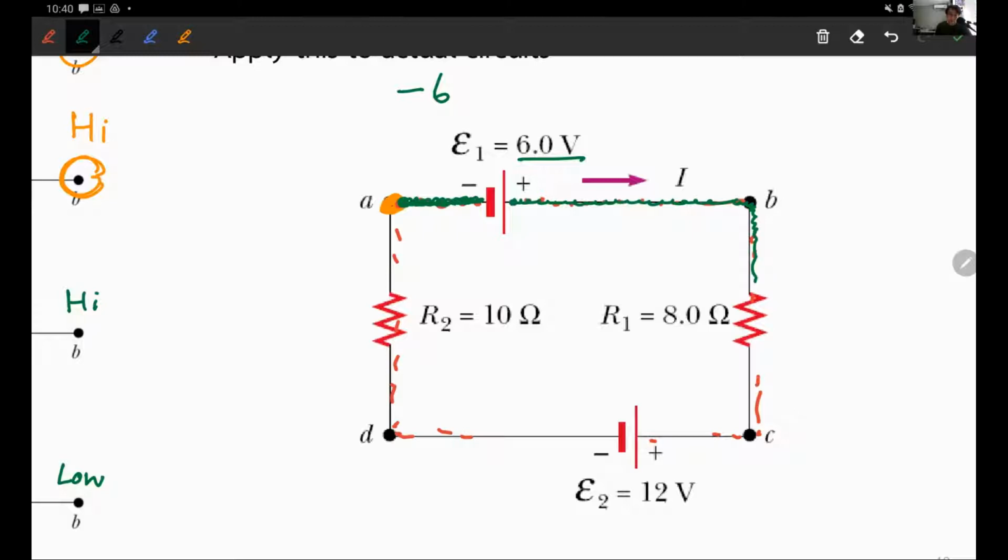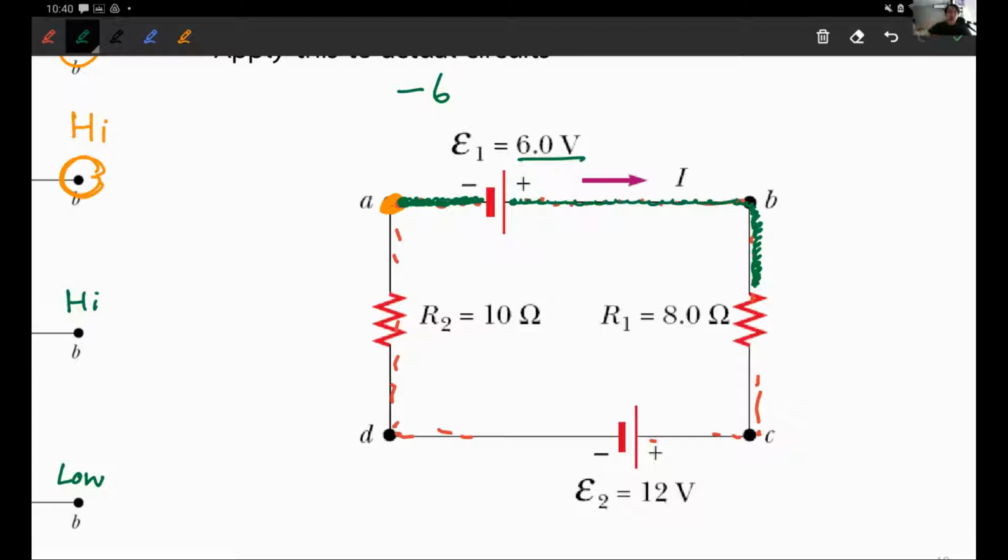In this case, the current is set to flow clockwise, and the direction of my analysis is also clockwise. So at this point, I am walking in the same direction as the current flow. I would call this my positive direction, pretty much.